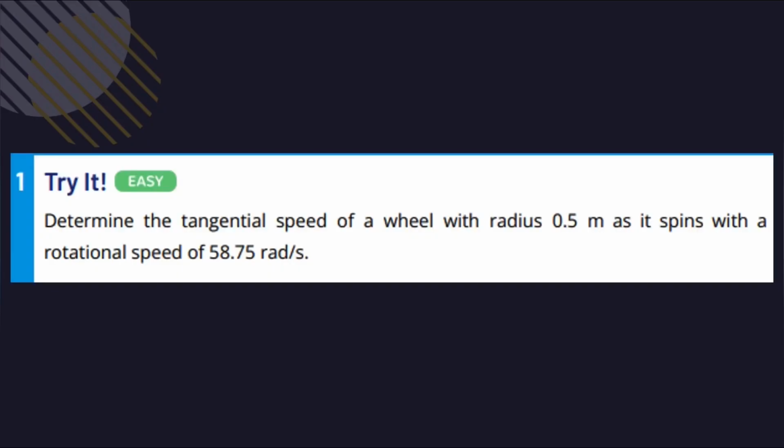And what remains is meter per second. So, for our Try It exercise: determine the tangential speed of a wheel with a radius of 0.5 meter as it spins with a rotational speed of 58.75 radians per second.